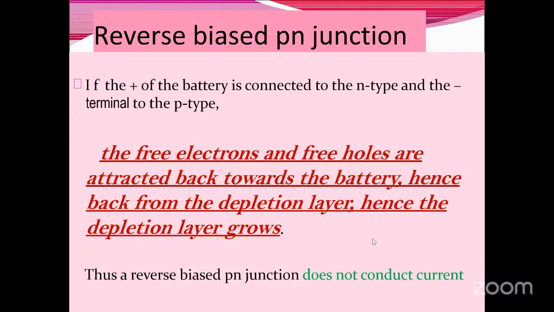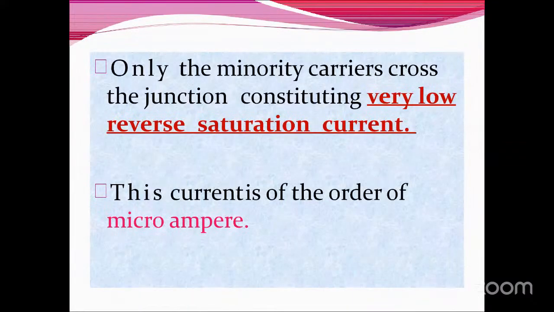So thus a reverse biased PN junction does not conduct any current. Only the minority carriers which cross the junction constitute a very low reverse saturation current in reverse bias, which is of the order of microamperes.